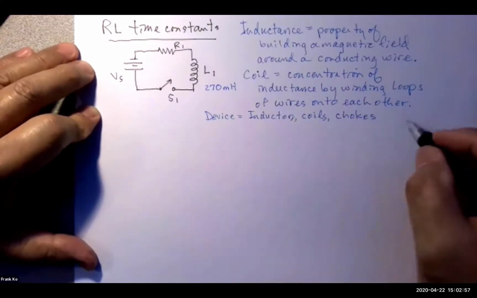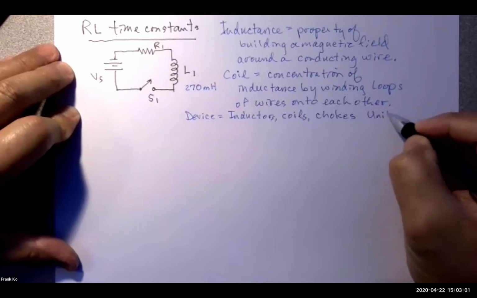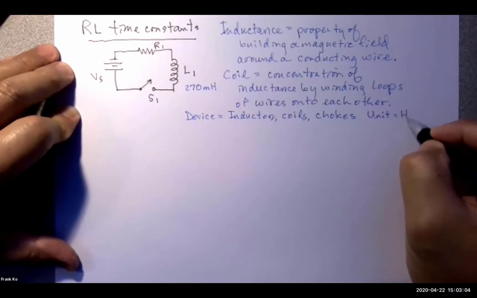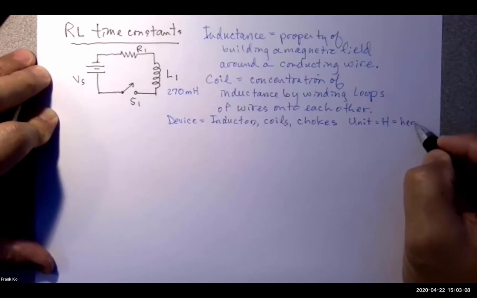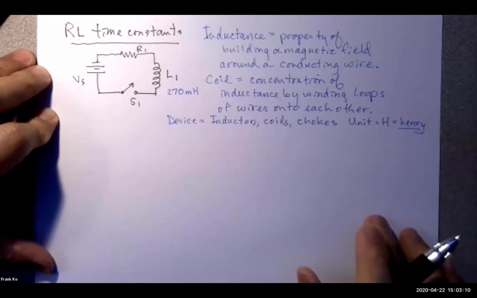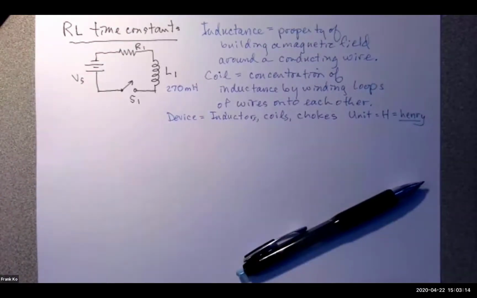The units equal H, which stands for Henry, named after the famous scientist who advanced the scientific papers to the community explaining all of this.